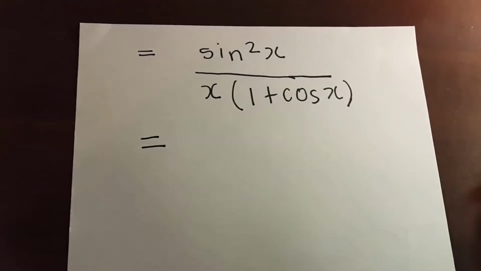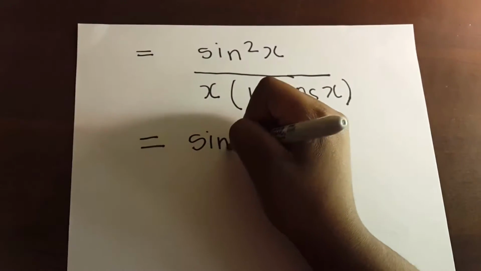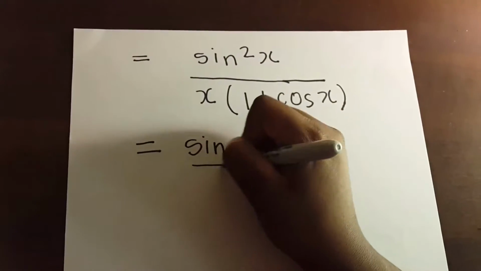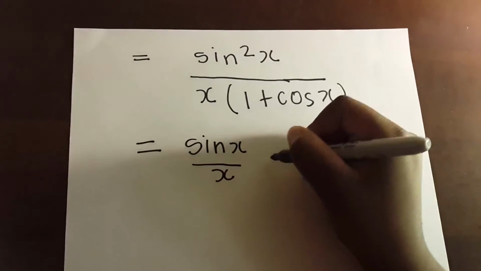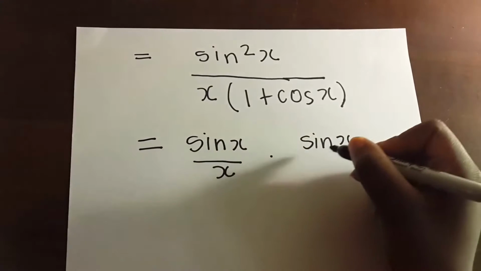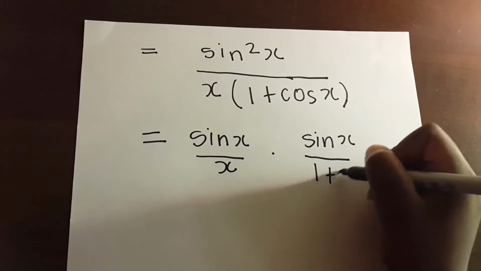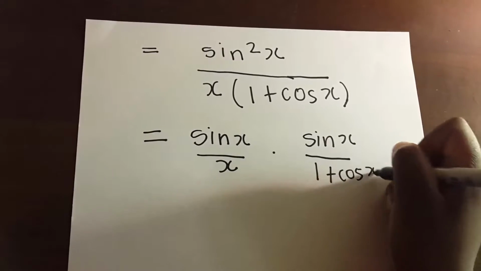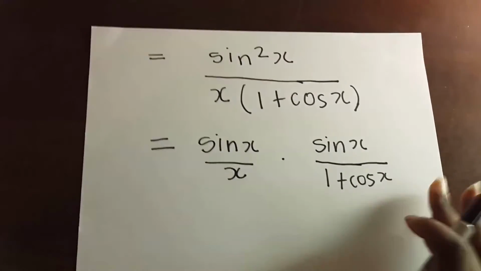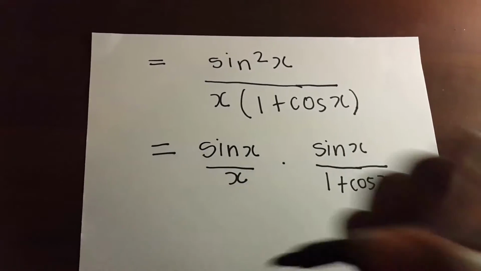They're going to be the same, but you're just going to multiply both of them. So you have sine x over x, multiplied by sine x over 1 plus cosine of x. You're doing this so that you can find the limits of both functions.